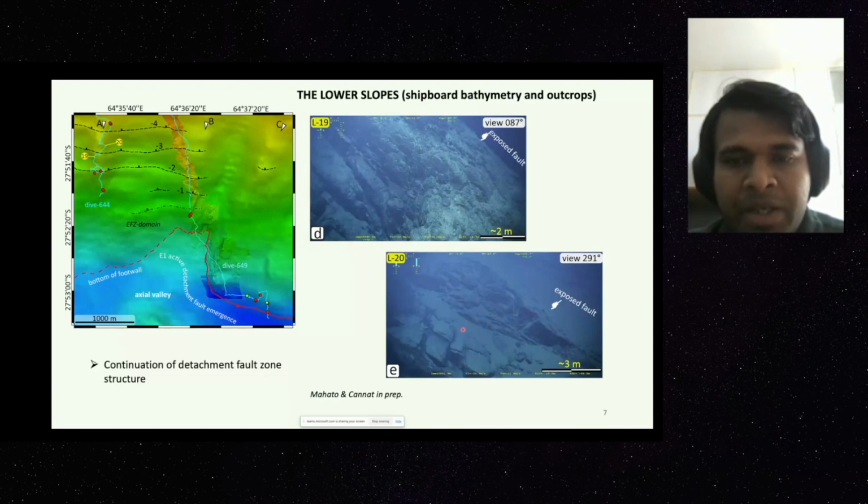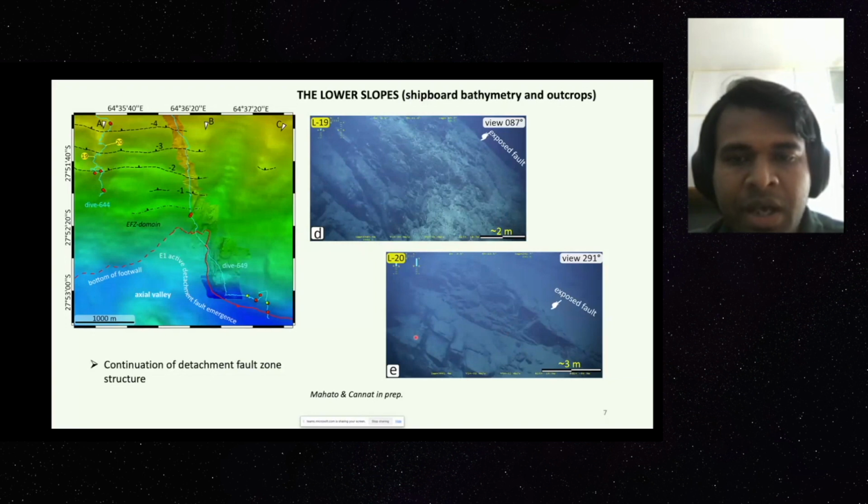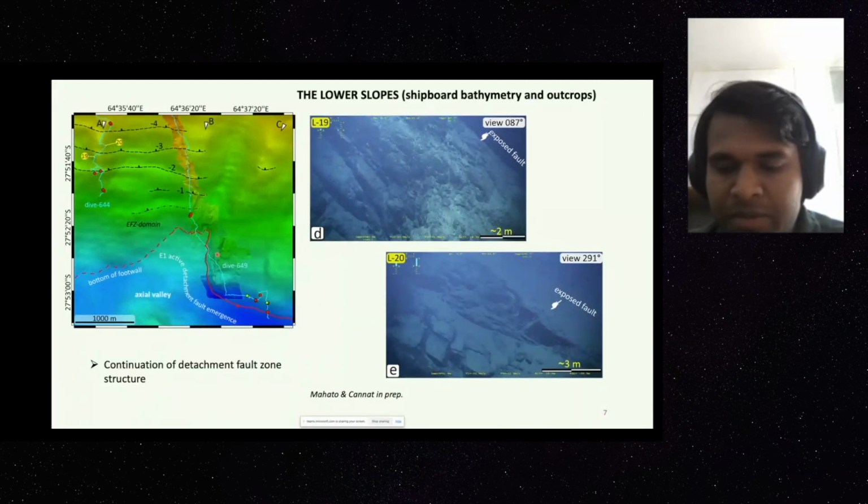But one thing to point out is that till now, we see very little thickness of microbreccia and gouge bearing horizons. Next, I will show you the high resolution map and outcrops along this dive track where we have high resolution bathymetry data.